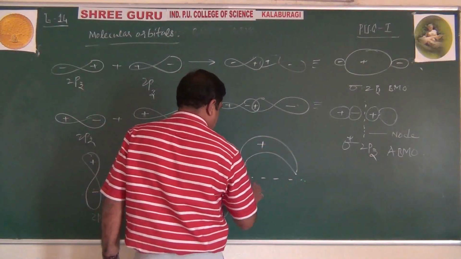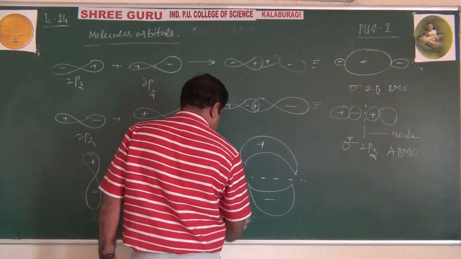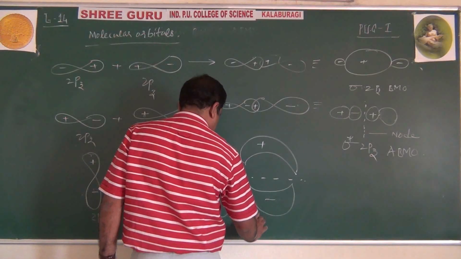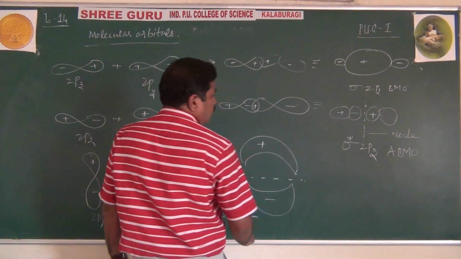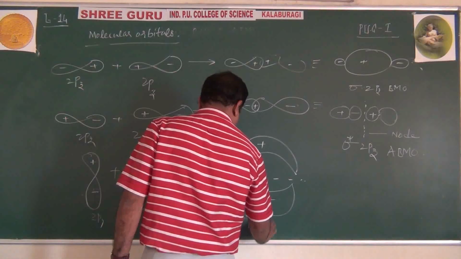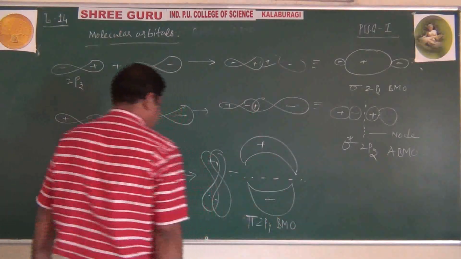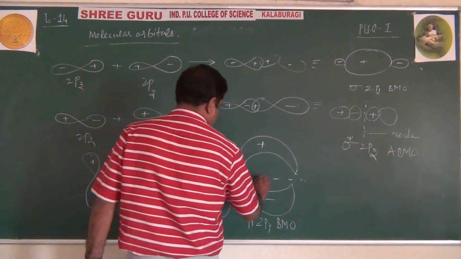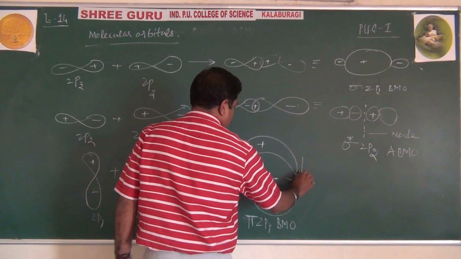Plus another one minus. Okay, so this is pi 2py bonding molecular orbital. Here there is a node. Remember, this is called node.